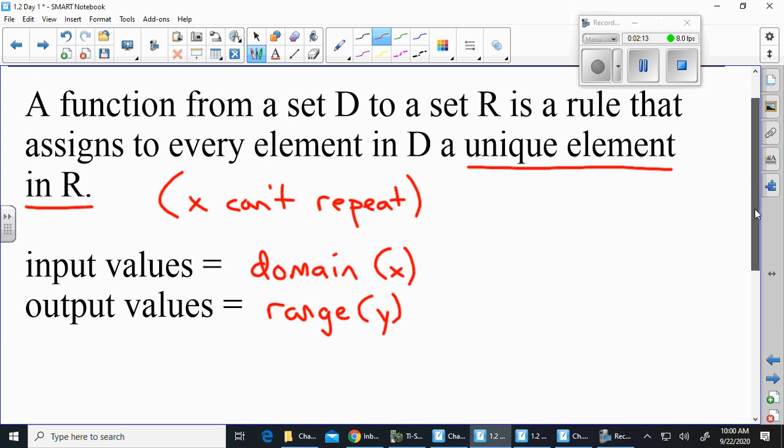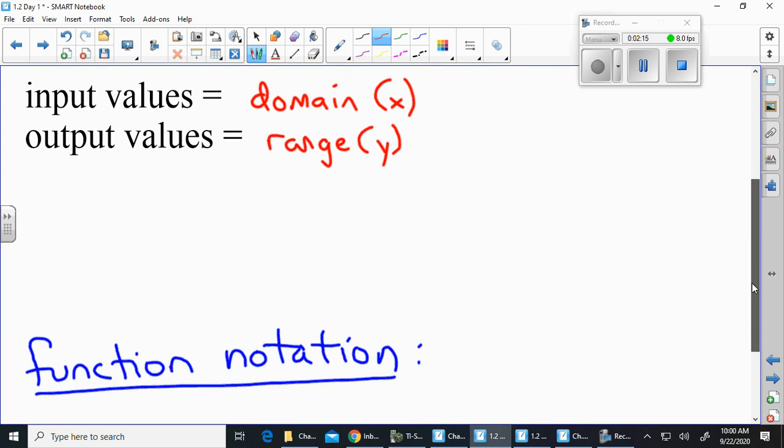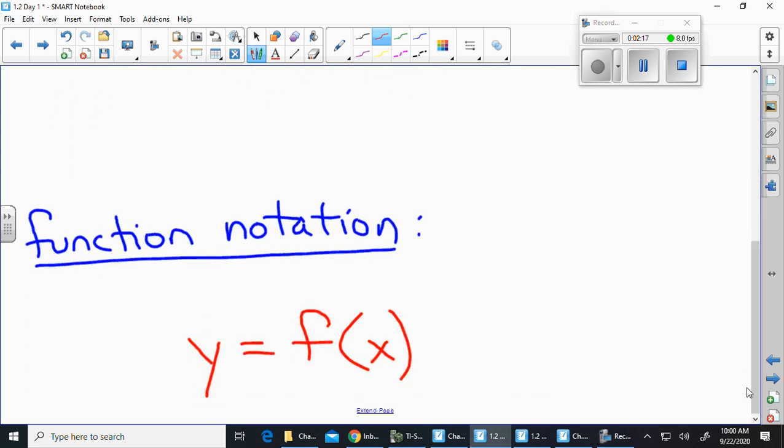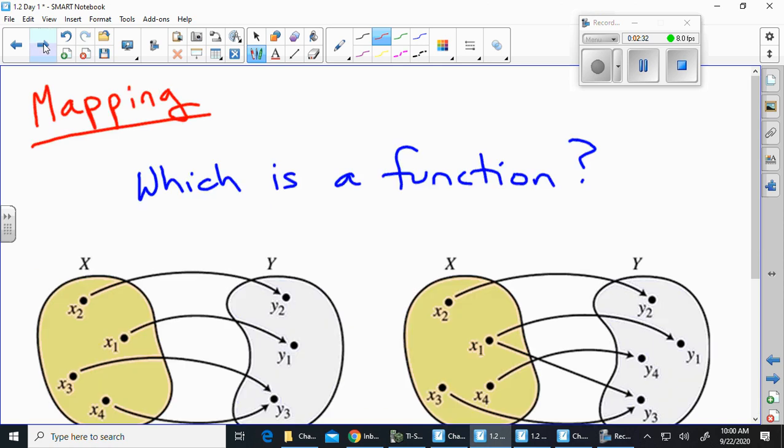To think of this idea, we know function notation, y equals f of x. So f of x is your function, x is what you put in, y is what comes out.